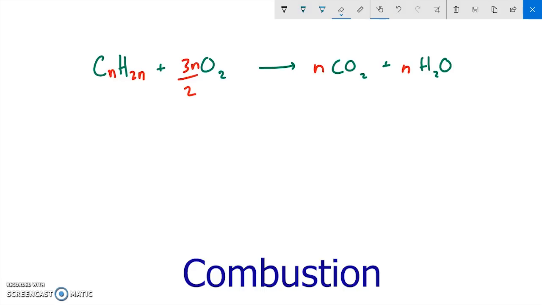In another example, let's say you are given 2,3-dimethyl-butene. The first thing that you need to do is draw the structural formula first. For instance, 2,3-dimethyl-butene will be looking like this.